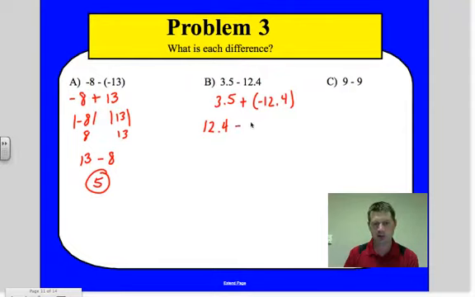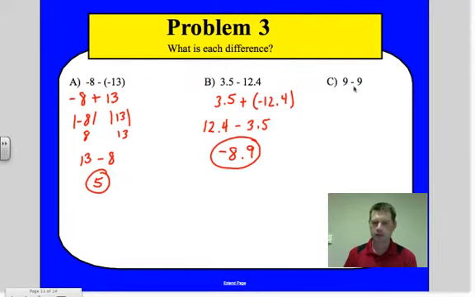Subtract that from the absolute value of 3.5, which is positive 3.5. So it just becomes the subtraction there. You should get, after you subtract, 8.9. When you get 8.9, go back to the beginning. Which one's larger, 3.5 or 12.4? Well, 12.4 is. So it's negative. So that one gets the negative sign.